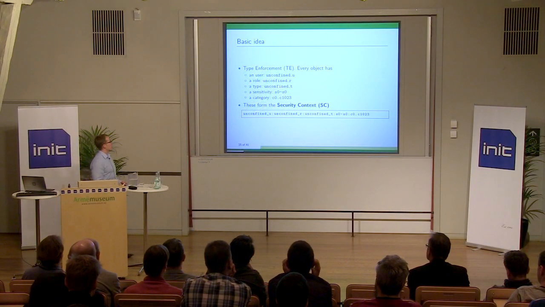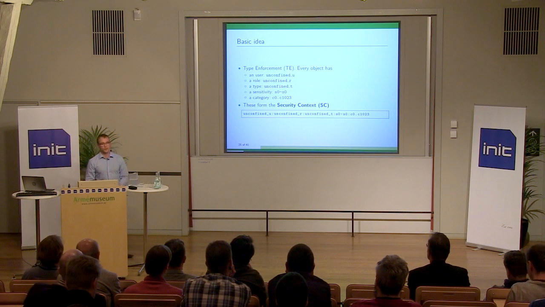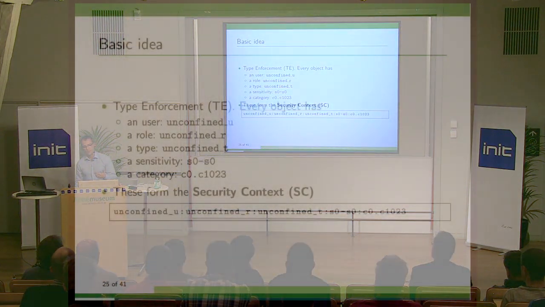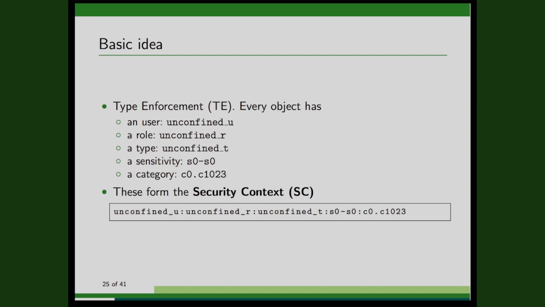So these together form the security context. So you just concatenate all those, and then you get something like this. And this looks scary, but the first good thing for you here is you can ignore pretty much everything besides the type. So this is everything that we will cover during this talk.